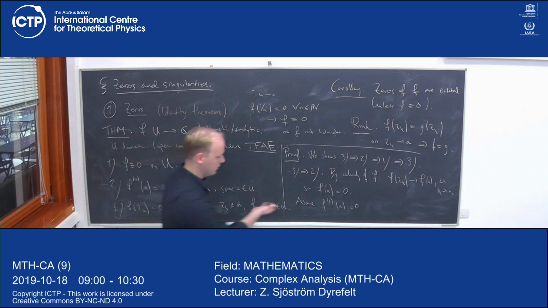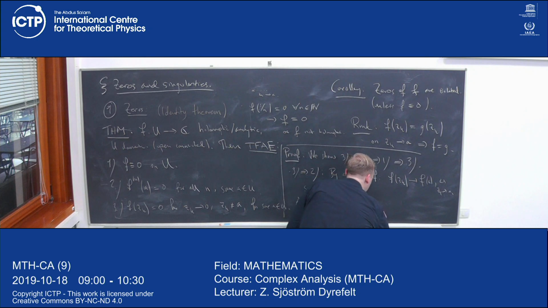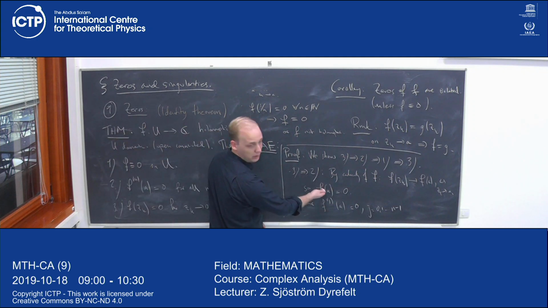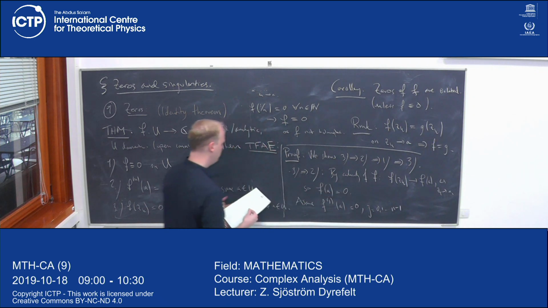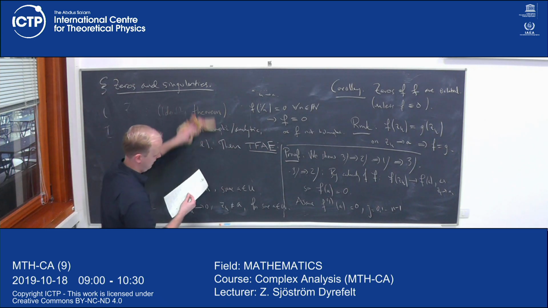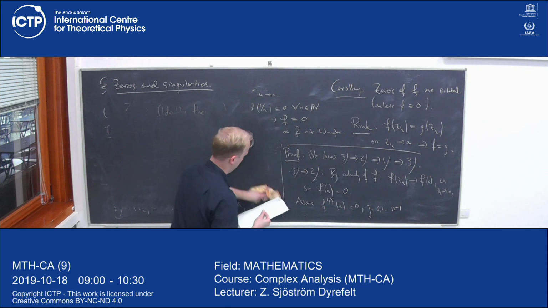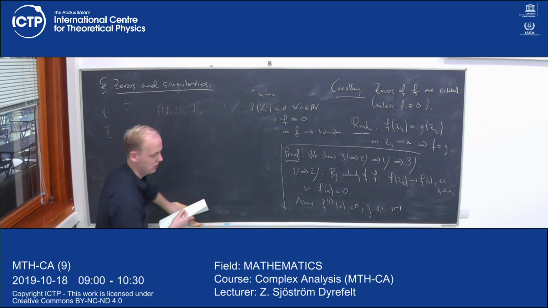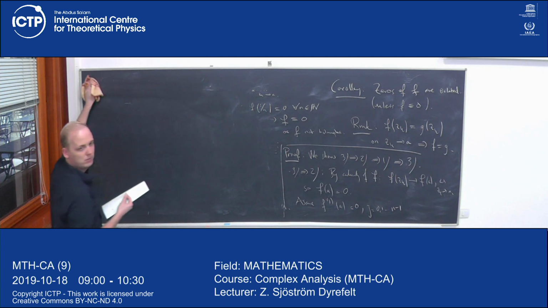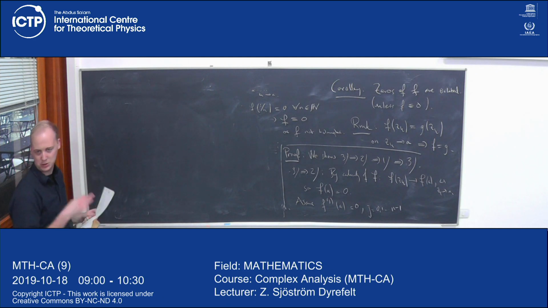We assume this is true for j from 0 up to n minus 1. It is true for j equals 0, since the zeroth derivative is f of a, which is 0. Now we will show that it is also true for the nth derivative: if it's true up to n minus 1, it should also be true for the nth.